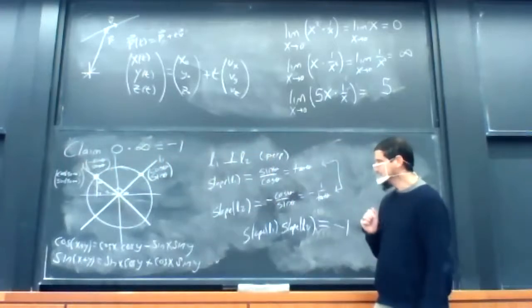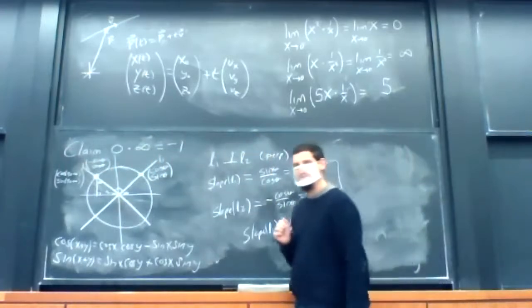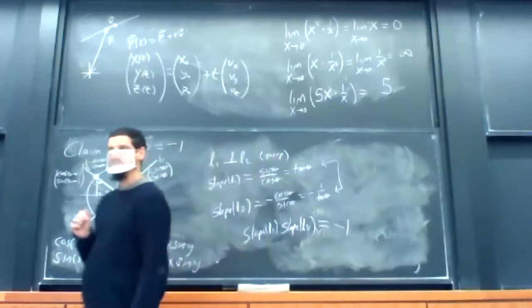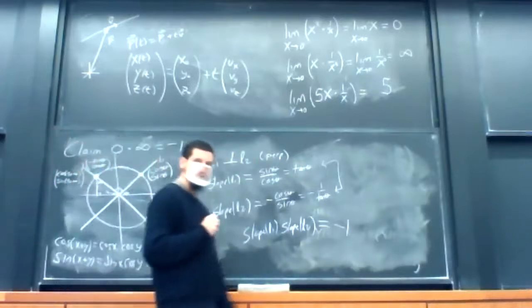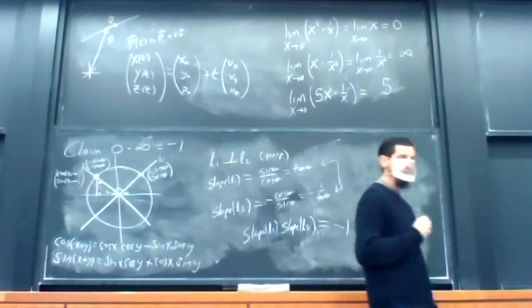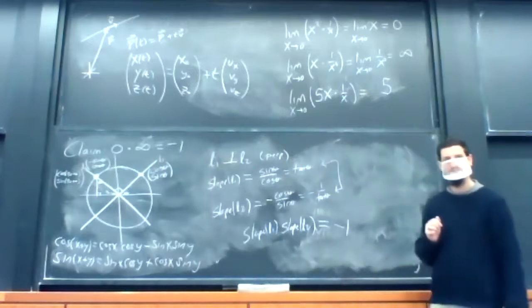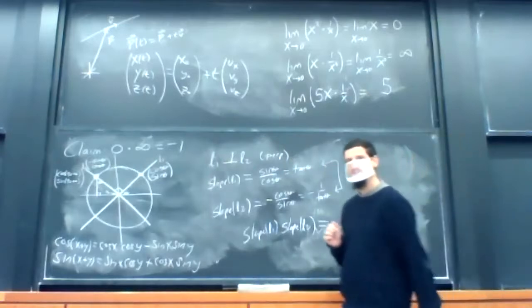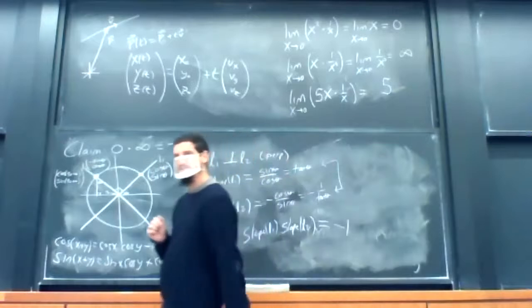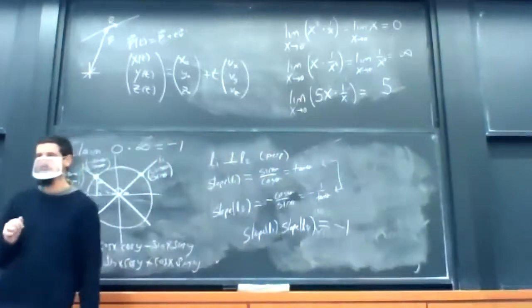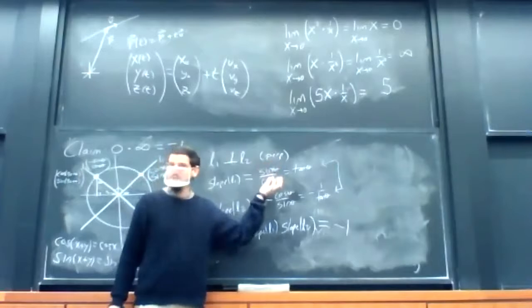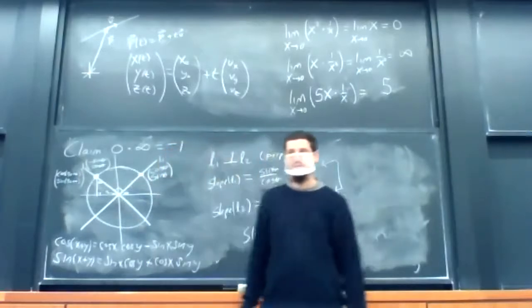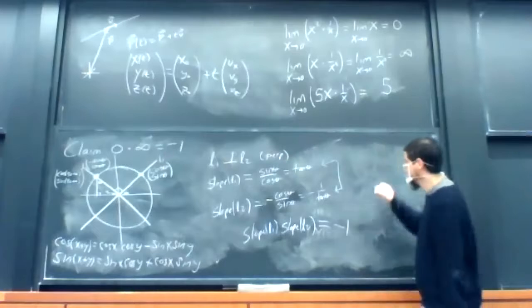Is everything okay here? Are there any angles that scare you? I have a history of glossing over small technical things. What angle might scare you? So when might you be afraid with sine theta over cosine theta? What's the bad angle? 90 degrees.